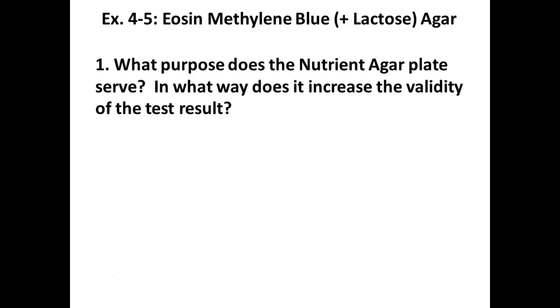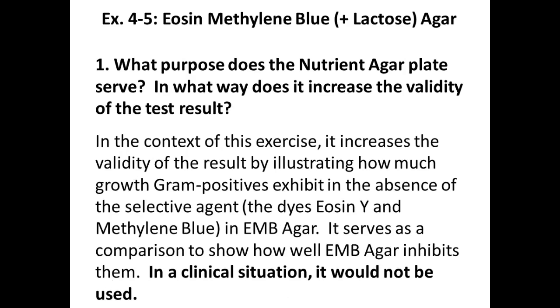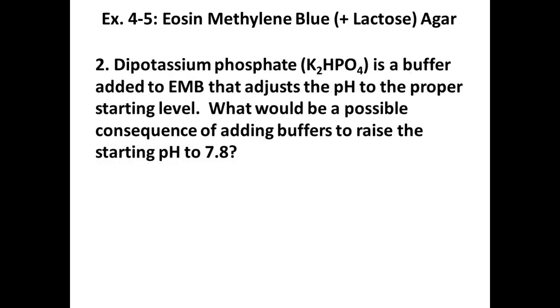So what's the purpose of the Nutrient Agar? Control, right? So we could compare. We wouldn't necessarily do that in a clinical specimen. So the dipotassium phosphate is a buffer, right? And remember, we're dealing with acid-base situations. We want to adjust it to a particular pH when we start. What would be the consequences if we had the pH at starting a little too high, at 7.8?